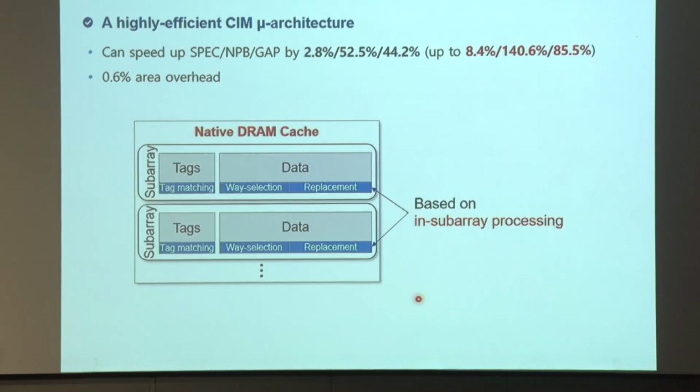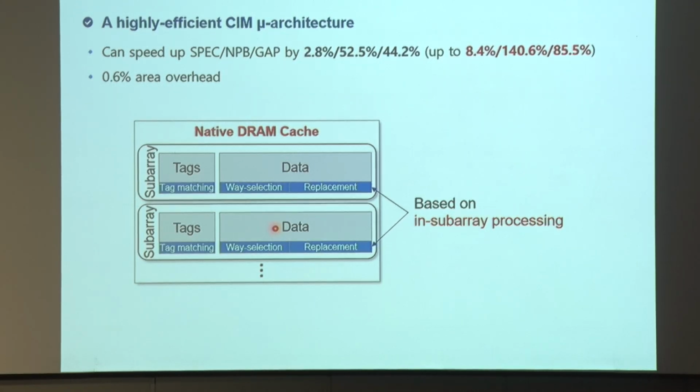An important aspect is that this caching in memory scheme operates within a subarray of DRAM, which is a group of rows that share a row buffer. Typically, adding circuits within a subarray imposes significant area overhead on DRAM. However, NDC limits this overhead to just 0.6% through microarchitecture changes in the subarray area.